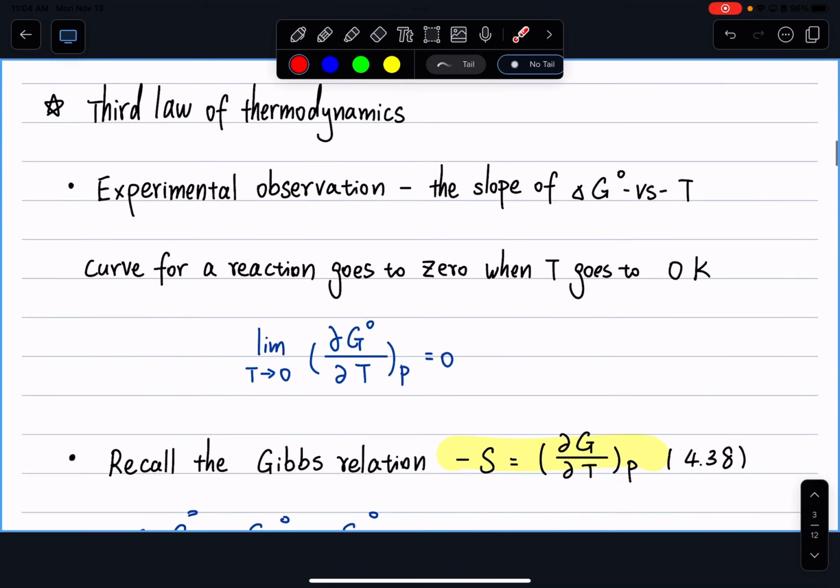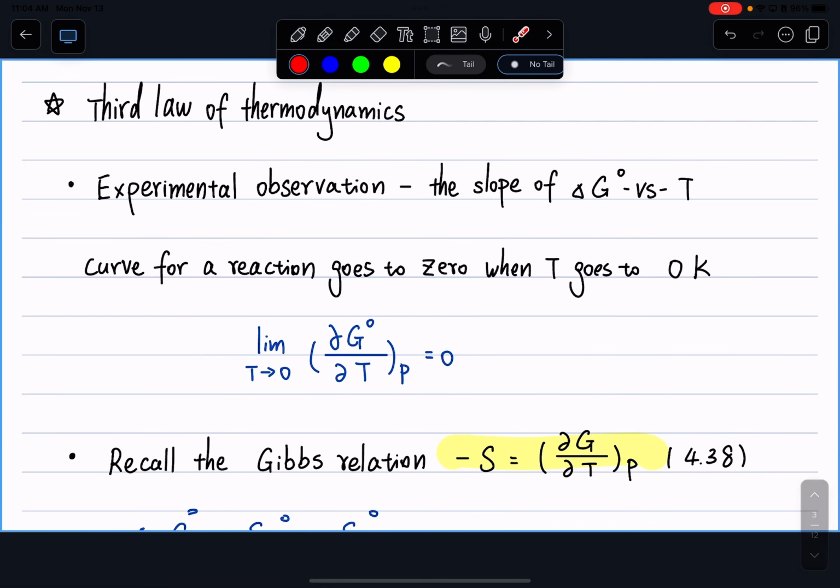Then what we have is our third law of thermodynamics. We went over this briefly. The third law of thermodynamics is more or less an experimental observation, followed by a theoretical connection to the actual principle. The experimental observation people made is that the slope of delta G naught versus temperature for a reaction will approach 0 when temperature approaches 0.